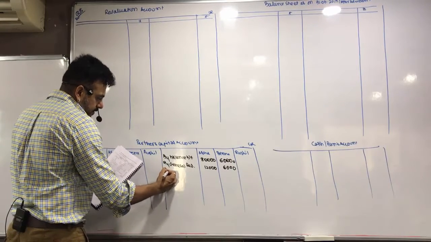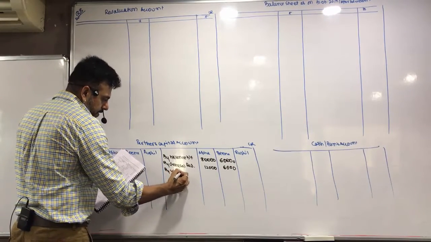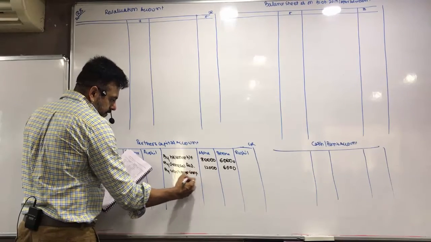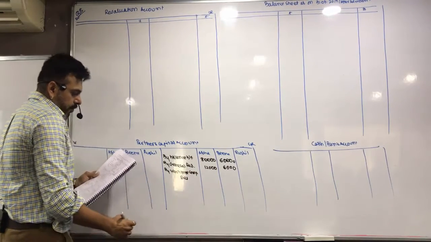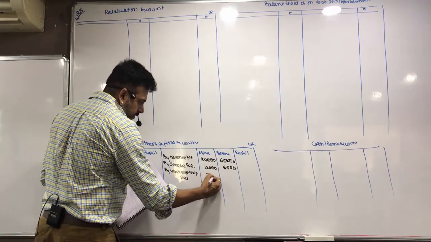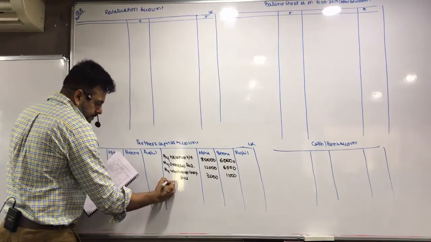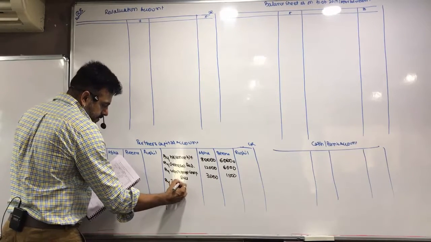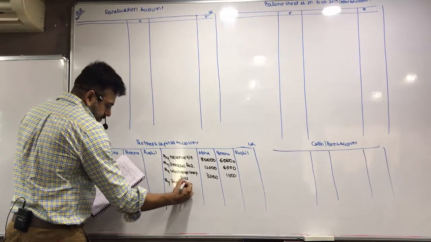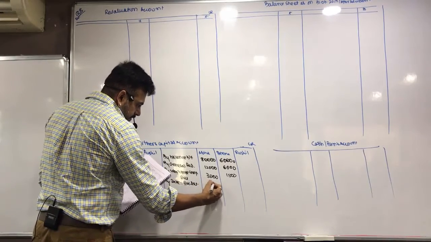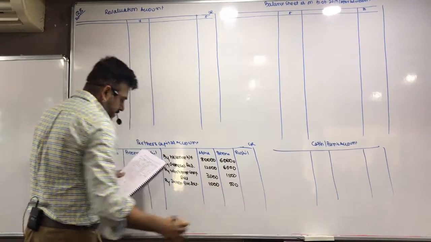Workmen compensation reserve by workmen compensation reserve 4,500, so 3,000, 1,500. By investment fluctuation reserve 1,500, so 1,500.